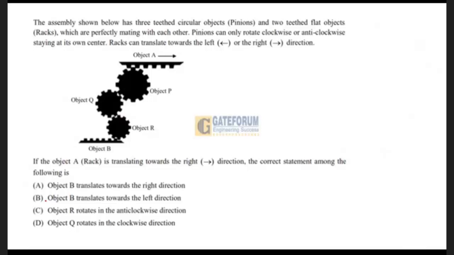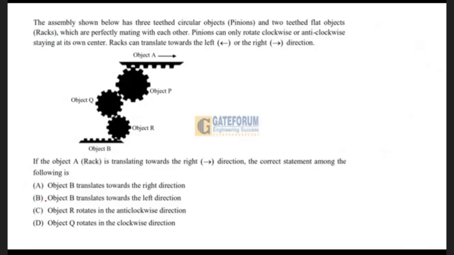The assembly shown below has 3 toothed circular objects, pinions, and 2 toothed flat objects, racks, which are perfectly mating with each other. Pinions can only rotate clockwise or anti-clockwise, staying at their own center. Racks can translate towards the left or right direction.